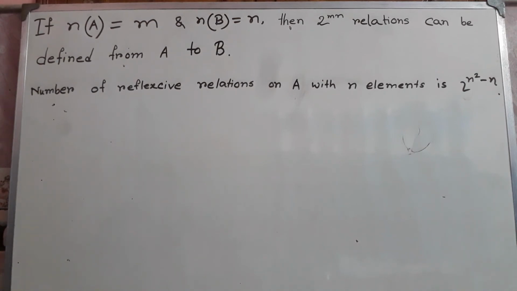That is, if there are 3 elements in a set, then how many reflexive relations are possible on it? That is 2 to the power 3 squared minus 3, that is 2 to the power 6 different reflexive relations are possible on a non-empty set having 3 elements.